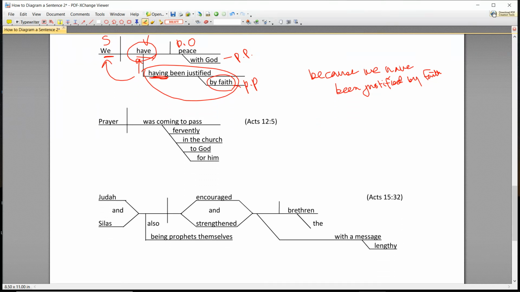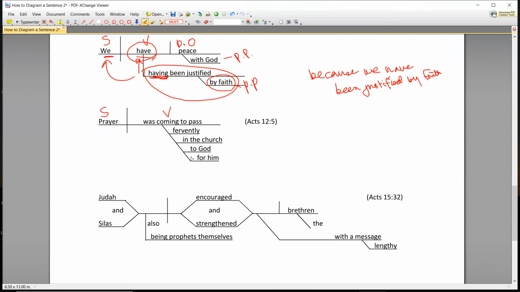Prayer was coming to pass. That's one long verb. Was coming to pass. Prayer was happening, so this is a subject, verb. The whole thing is a verb. And then fervently, in the church, to God, for him, for Peter, I guess.